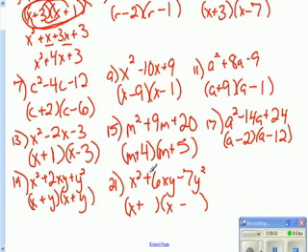And we know there's going to be more positives because the middle term is a positive. So my guess would be 7y and y, because 7y times y is 7y squared. And 7y minus y is 6y. And that x is part of the formula. If you did FOIL, it would be in there. Alright, let's go to the next page.